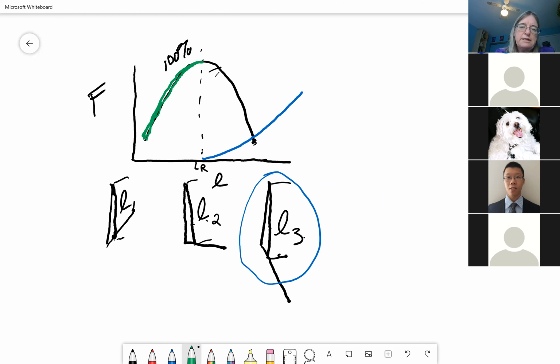So if I add that to this guy, it's going to be there. If I add this much there, if I add that much there, and so my actual final curve is going to look something like this. I'm sorry, that's a really bad drawing.